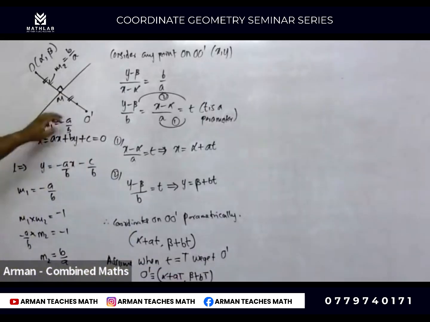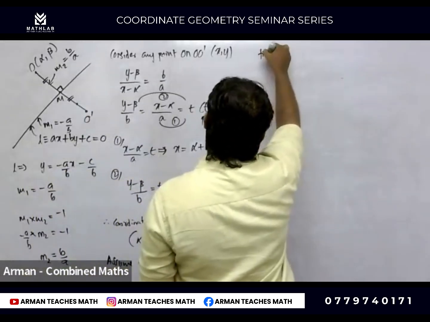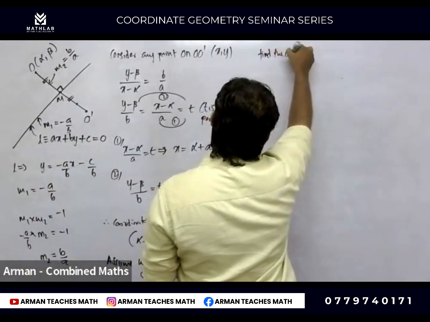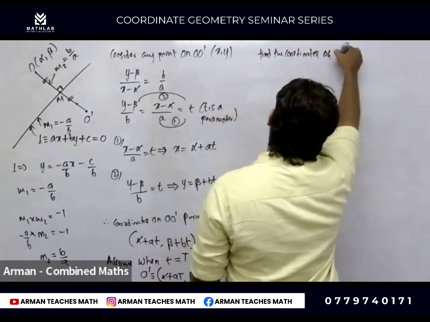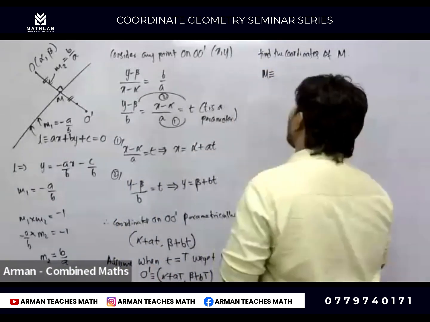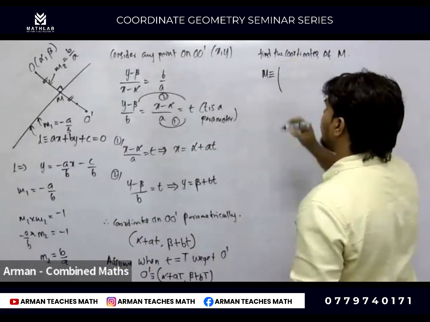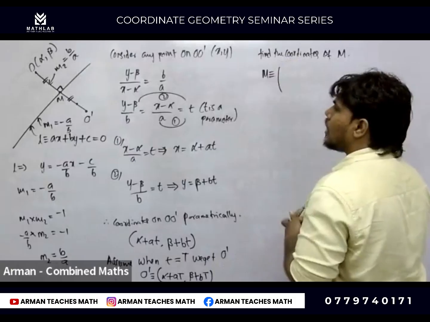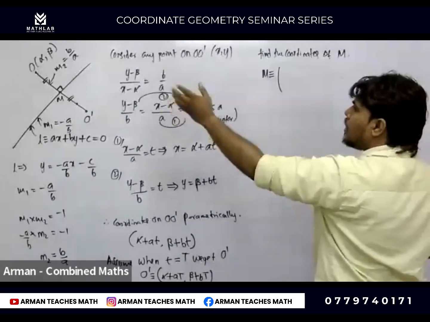Now we will find the coordinates of capital M. Listen carefully. How do you find the coordinates of capital M point? Capital M is the midpoint. How do we take it?